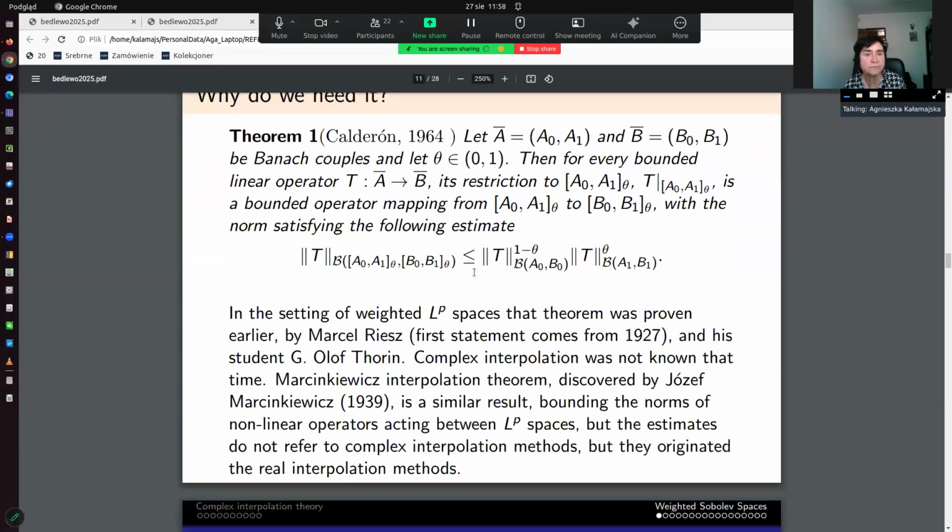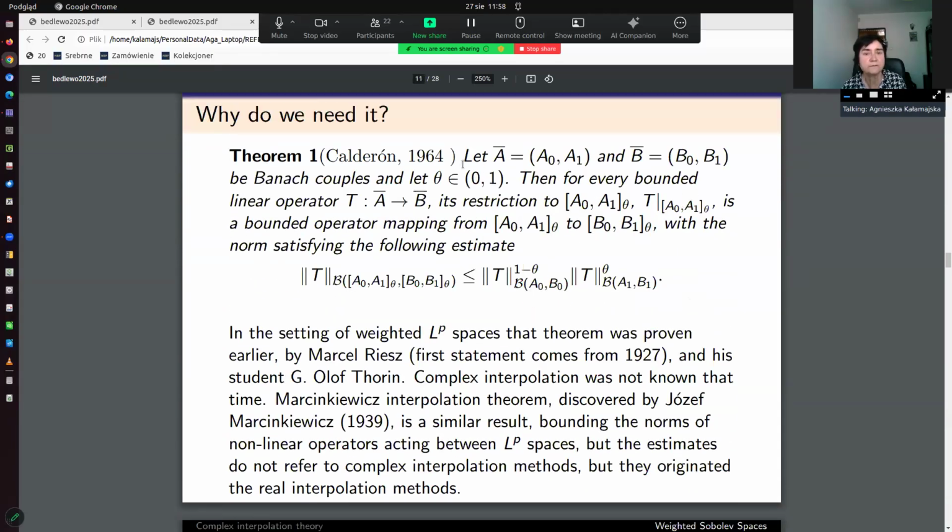There was a statement by Calderon from 1964 which says the following. Consider two Banach couples, A bar, A0, A1, and B bar, B0, B1, and take theta from 0 to 1, not including the endpoints. Then consider the bounded linear operator T, which acts between Banach couples.